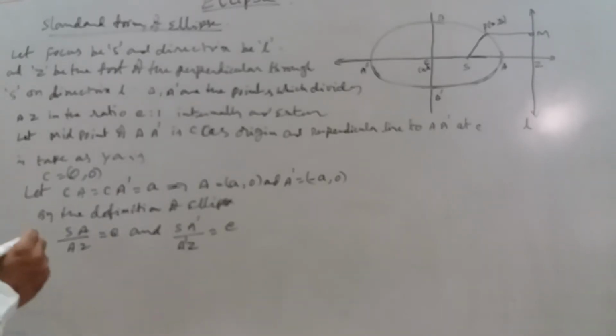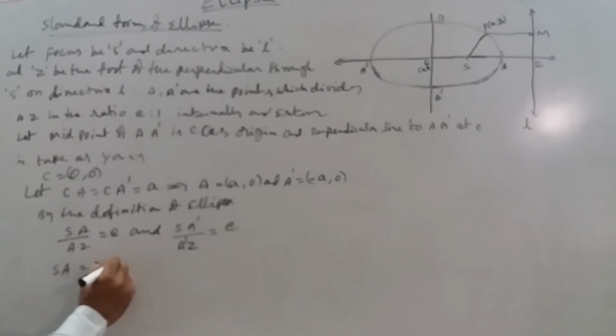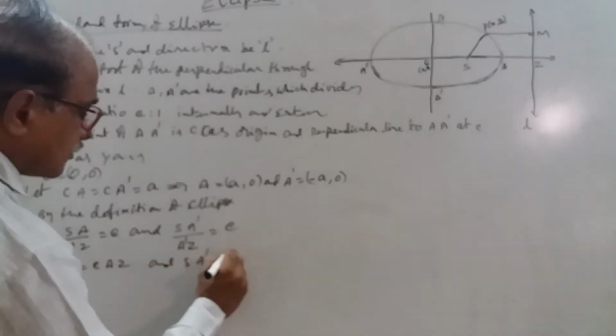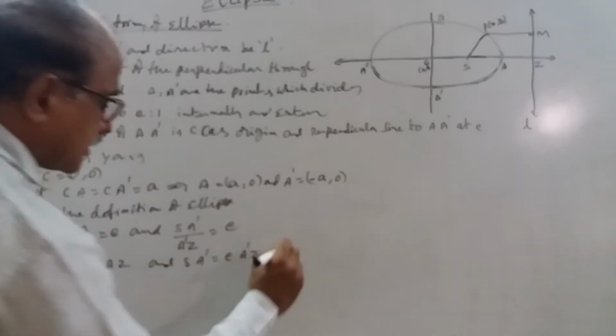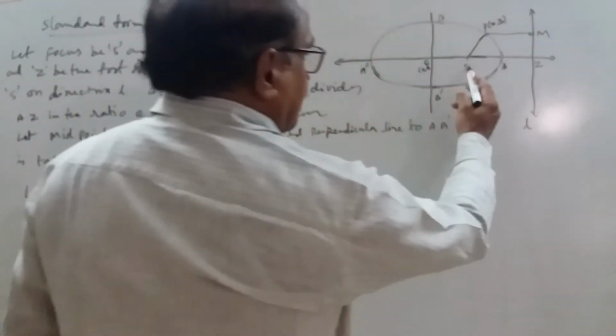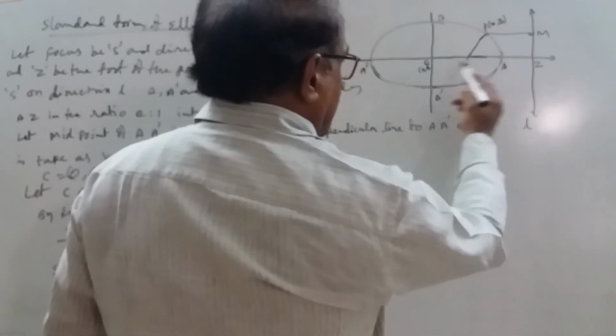Here SA is equal to e into AZ, and SA dash is equal to e into A dash Z. What is SA? The distance SA can be found out by CA minus CS.